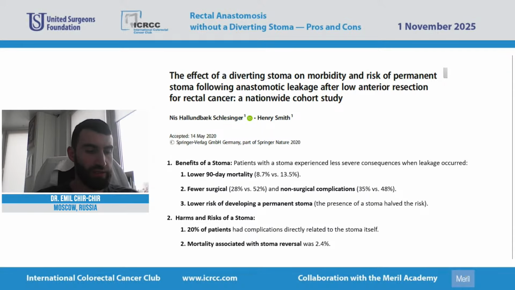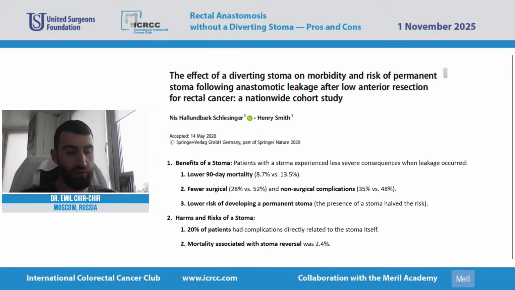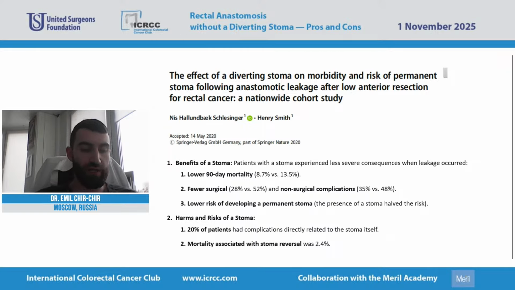The results confirmed the assertion about the benefits of a stoma, but negative facts were also identified. Specifically, 20% of patients had complications directly related to the stoma itself, and the mortality rate during stoma closure was 2.4%.